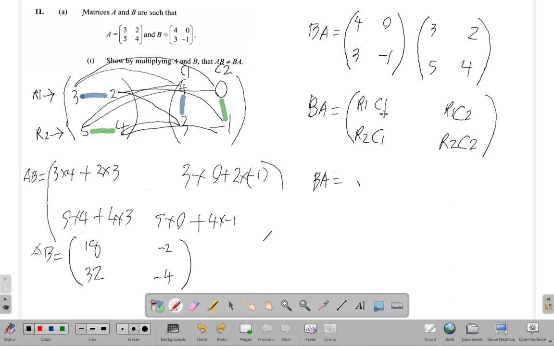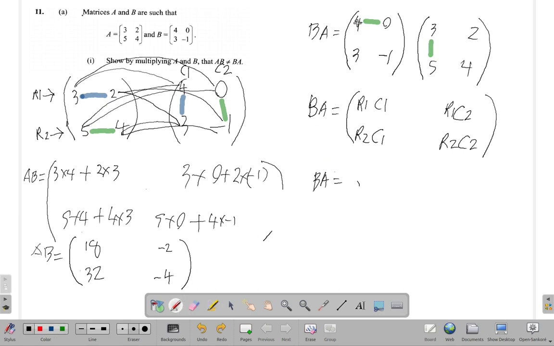Alright, so let's get that straight and go ahead with it. Row 1, column 1 is going to be row 1 by column 1. So this by this.